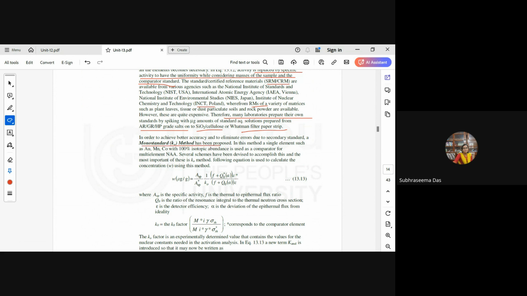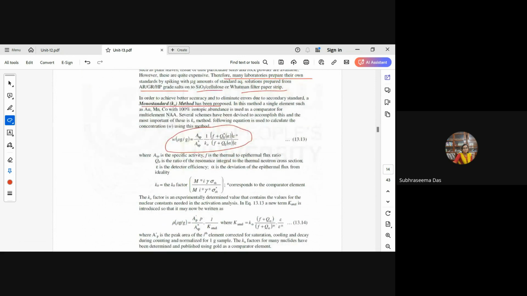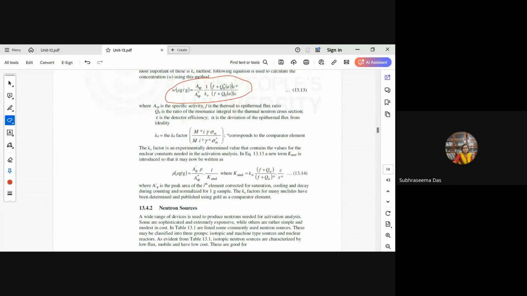In the mono standard method, equation 13.13 is used, where multi-element NAA has been performed. From equation 13.13, the k0 factor is obtained. The k0 factor is an experimentally determined value that contains the values for the nuclear constants.